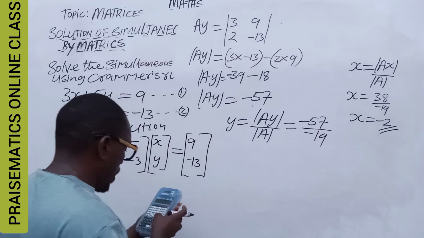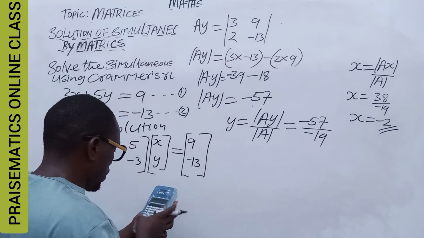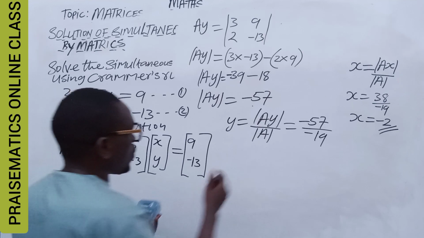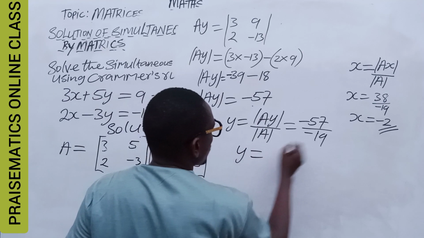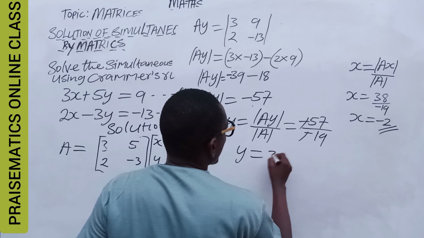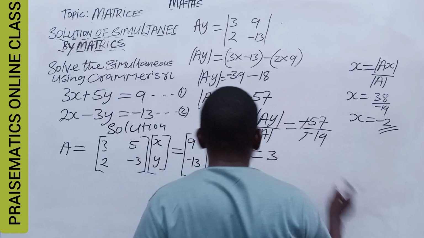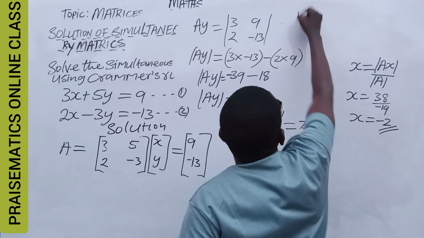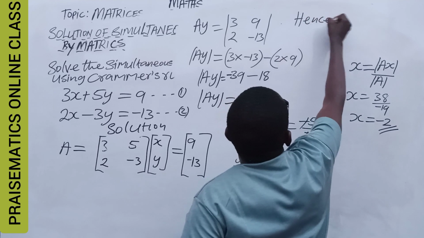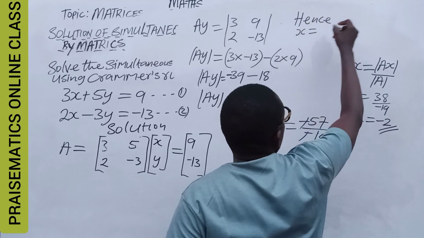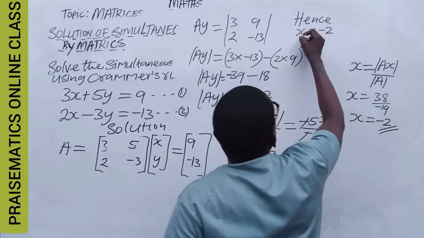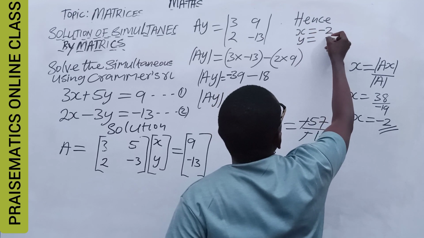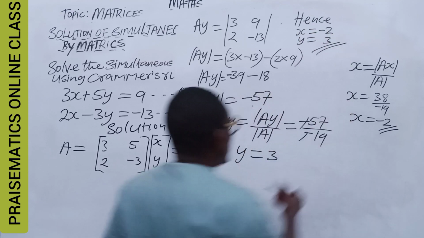So divide by 19 to give us 3. Hence, Y is equal to 3. Finally, you can now say, hence, X equals -2 and Y equals 3. And that is the solution.